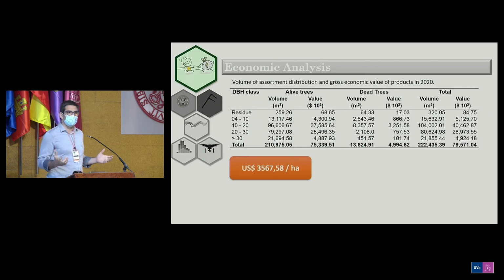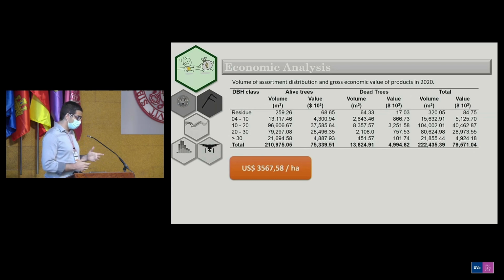But the landowner wants to know financially. He cares about money. So we did some analysis: with this deadwood, he cannot sell the same product he could make from a live tree.